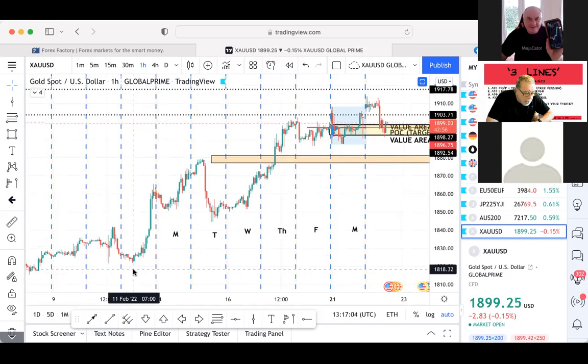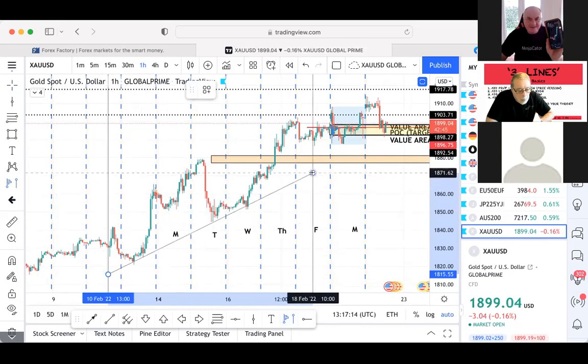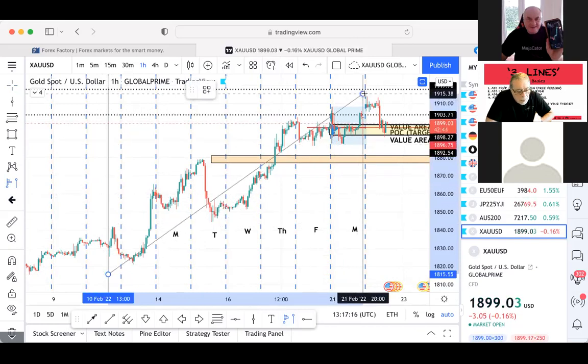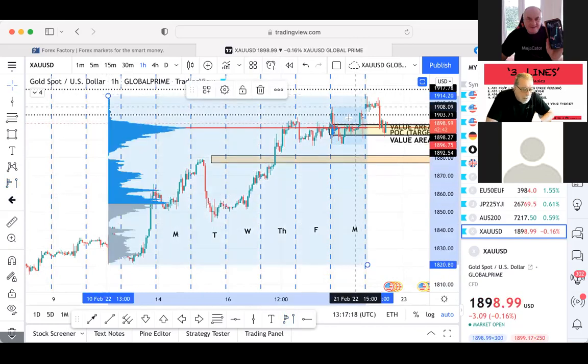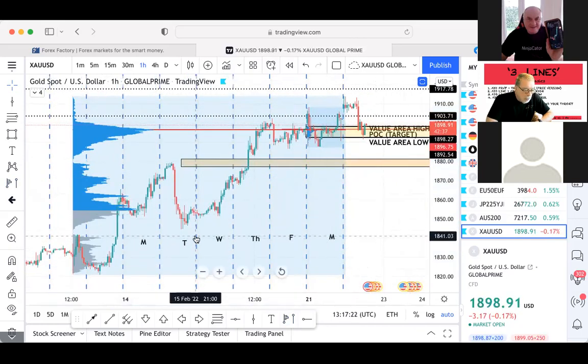Maybe I could have chosen that one there, but I'll just repeat what I actually did. I got the volume profile and I started it there, and I went up to the high point, which was there. And I get a completely fresh volume profile.